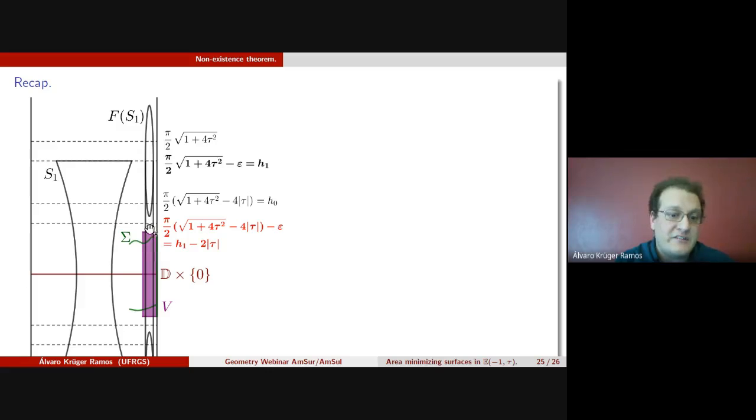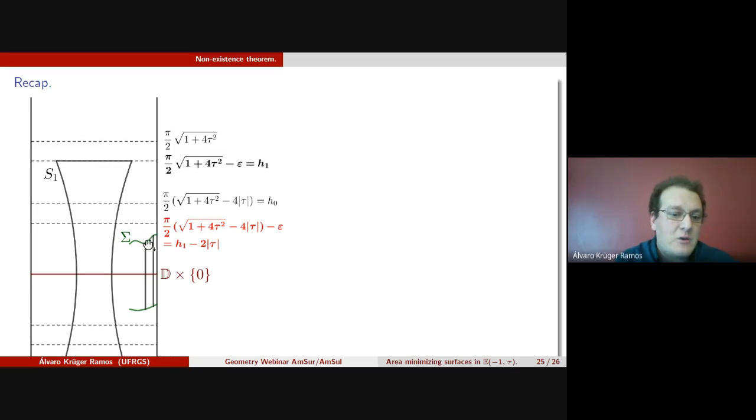So now you have an area minimizing surface, compact with boundary, area minimizing surface F of S1, which intersects sigma at least twice. And now you can forget about this neighborhood V, and you have 2 area minimizing surfaces intersecting.